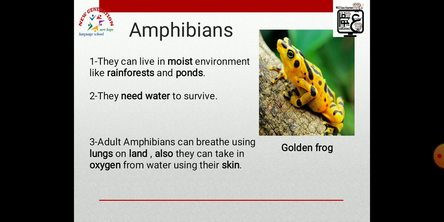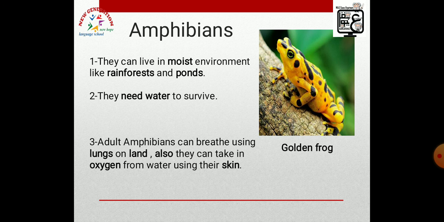Number two, they need water to survive. And finally, do you know that adult amphibians can breathe using lungs and skin? How? Using lungs on land, and they can also take oxygen from water using their skin.